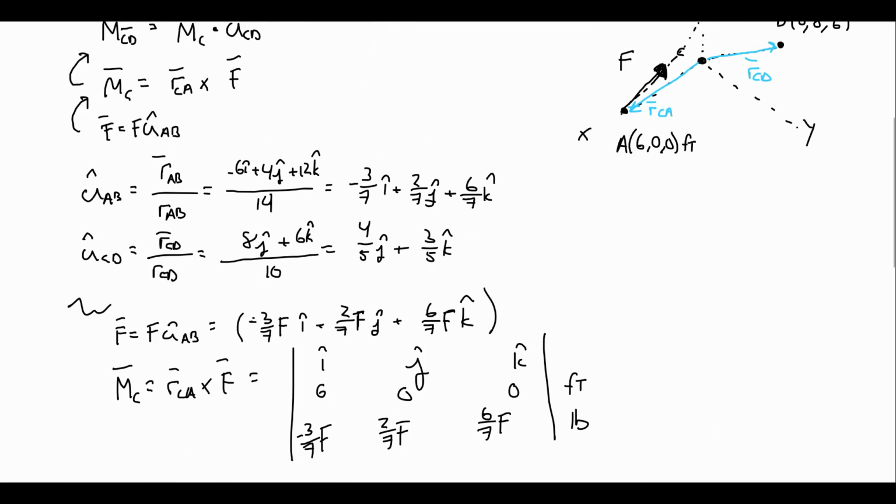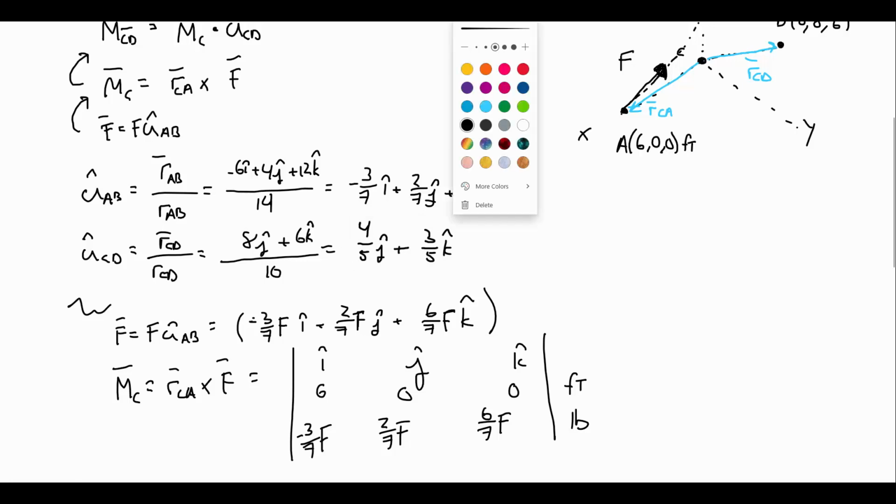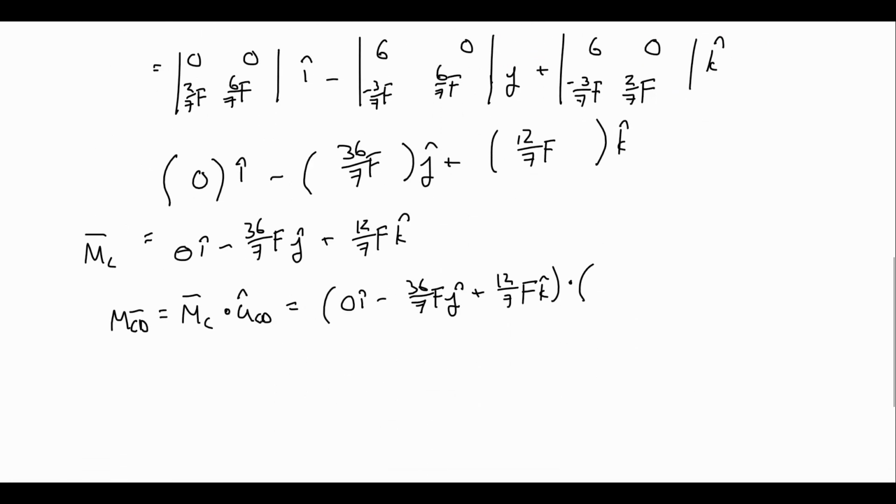So I can take what I already did, 4/5 j plus 3/5 k. And I'll explicitly put 0i here, but I'll have 4/5 j plus 3/5 k. And now I can execute this dot product.